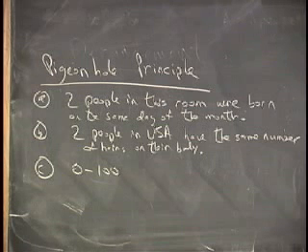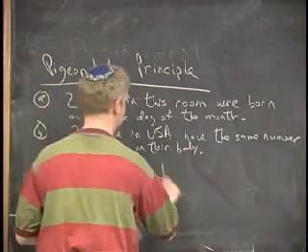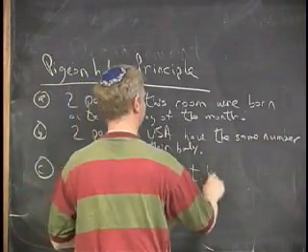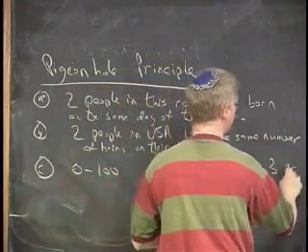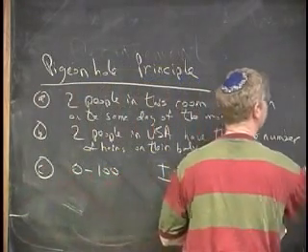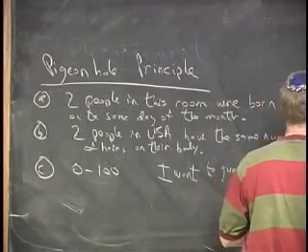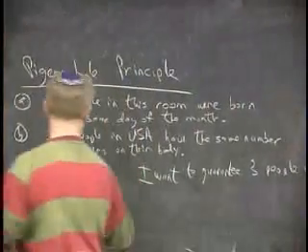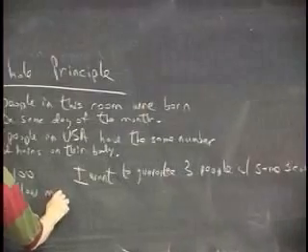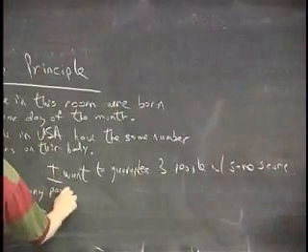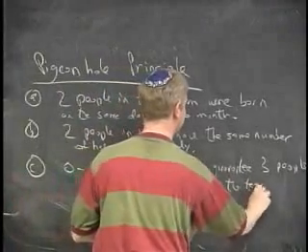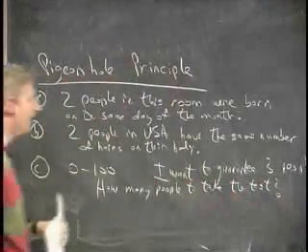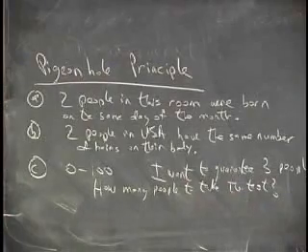If I want to guarantee that 3 people will get the same score, how many people do I need to take the test? I need to guarantee 3 people with the same score.